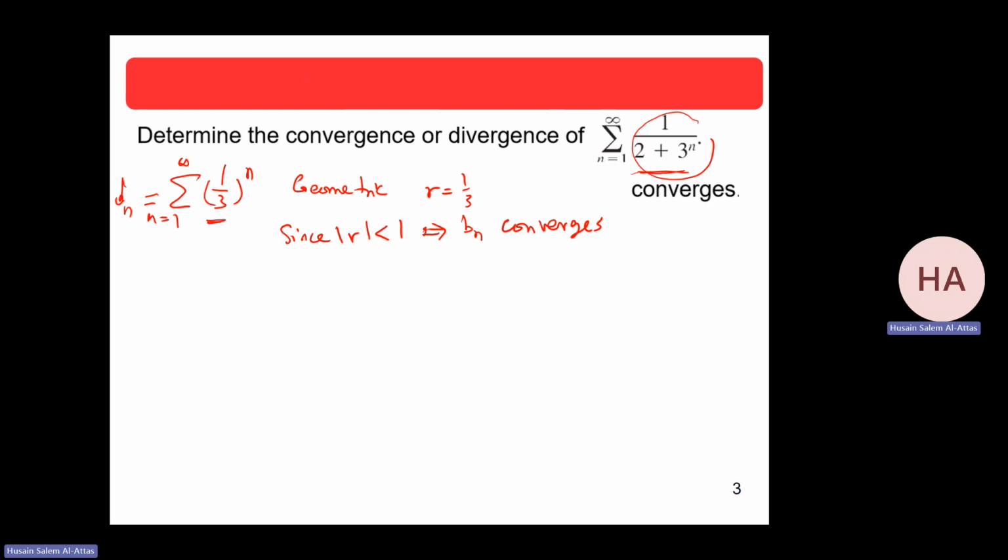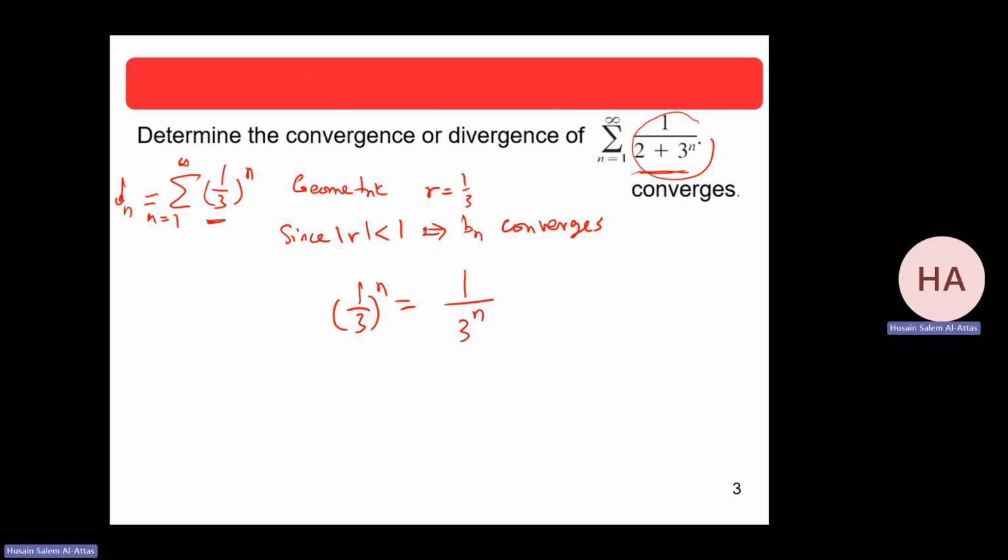Let me take the n-th term and do it term-wise. I have 1 over 2 plus 3 to the power n.